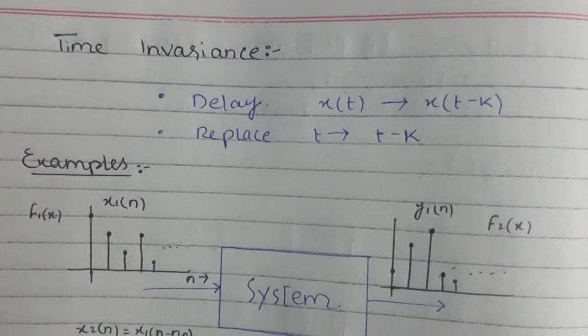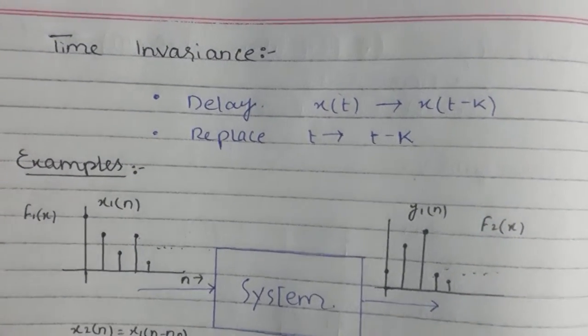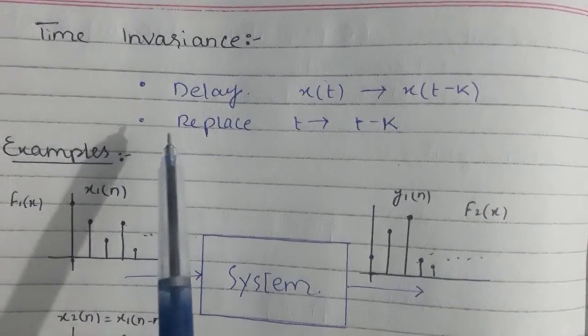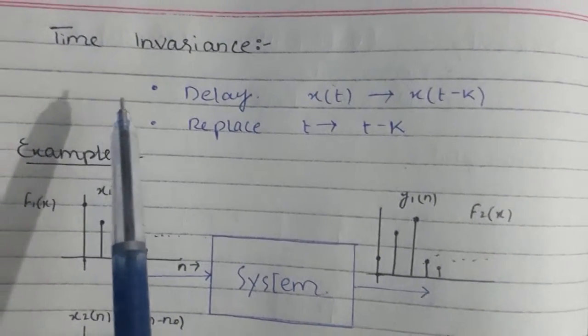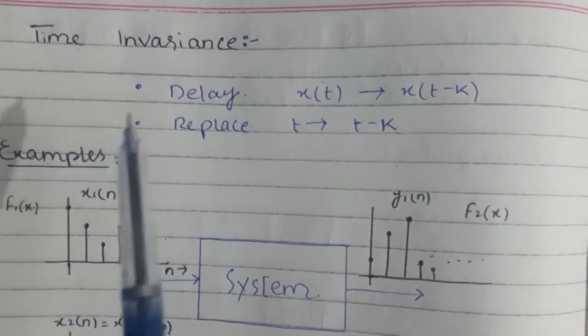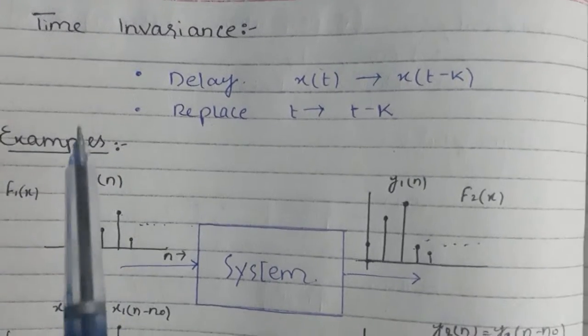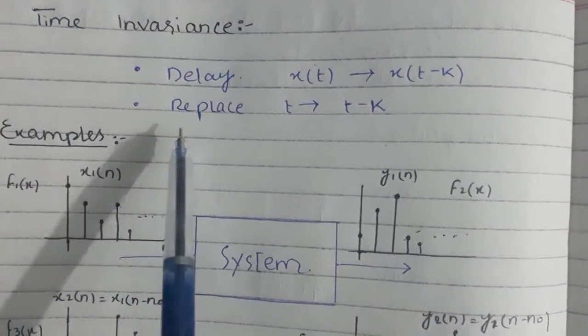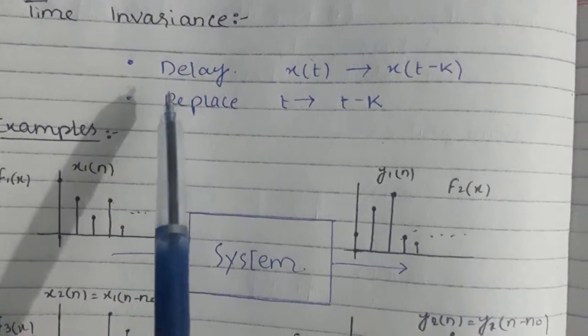Now what is time invariance or time variance? With the passage of time, if our function remains the same, then we say this is time invariant, but if our function changes, then we say it is a time variant function. To check time invariance or variance, we follow two steps.